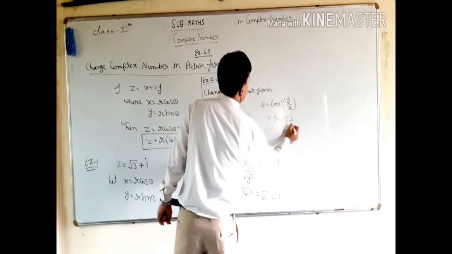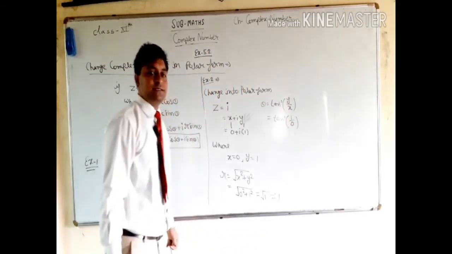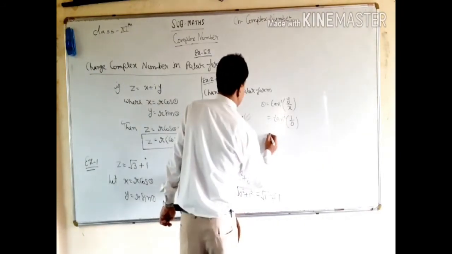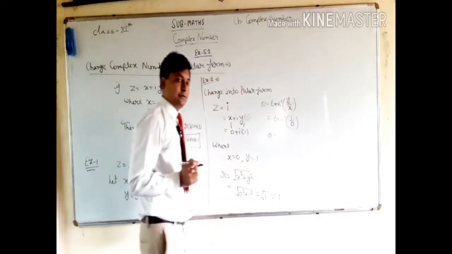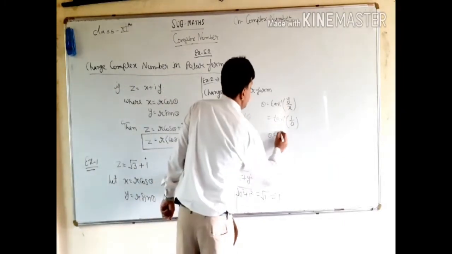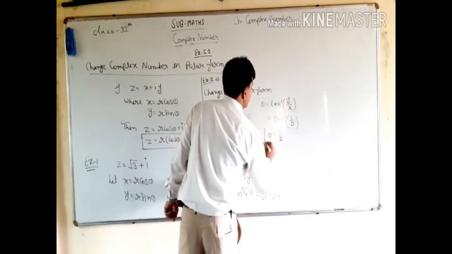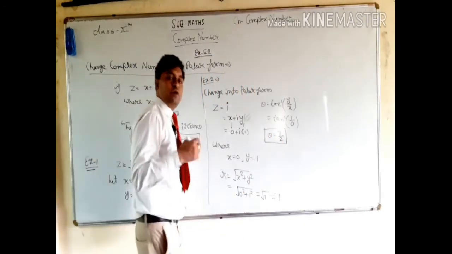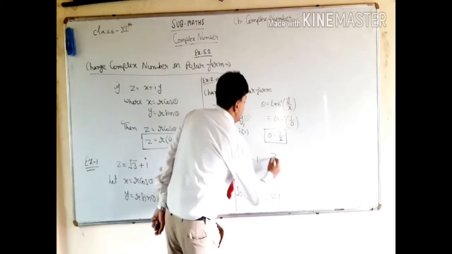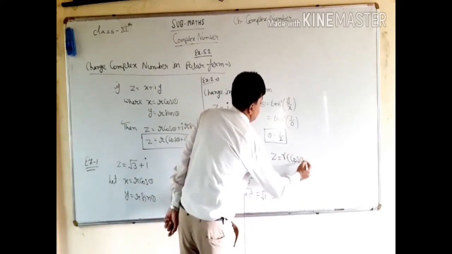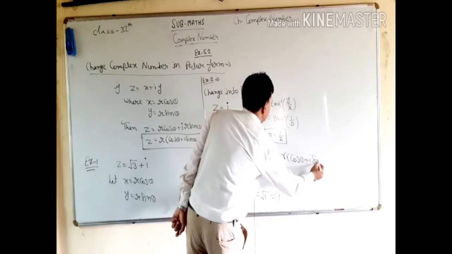And we know that 1 upon 0 is equal to infinite. And what is the value of theta in the tan quadrant? Then we find for infinite, it is pi by 2. So the complex number in the polar form is z equal to r cos theta plus iota sin theta.